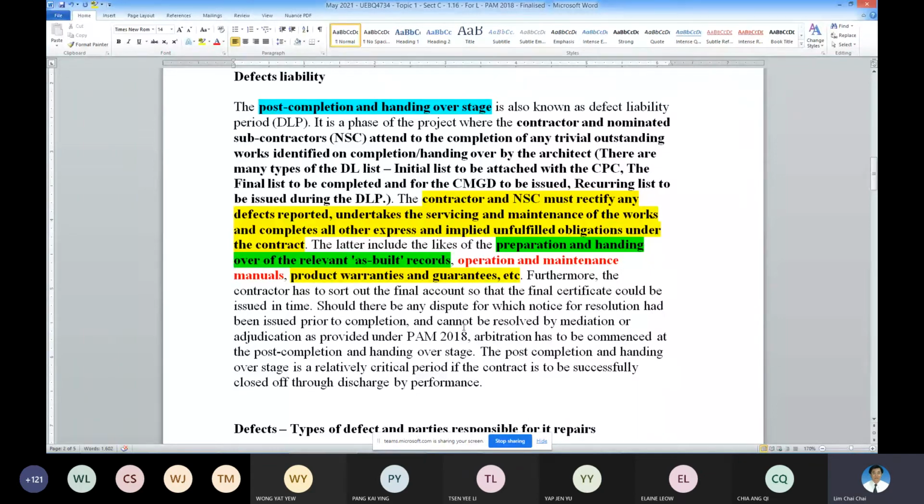Then I have to sort out the account. That is, within 6 months, the contractor must come up with their final claim. If the contractor didn't submit all their claims within that 6 months, any additional claim added after the expiry of the 6 months of the CPC, I have seen cases where the consultants use this ground to reject the contractor's addition.